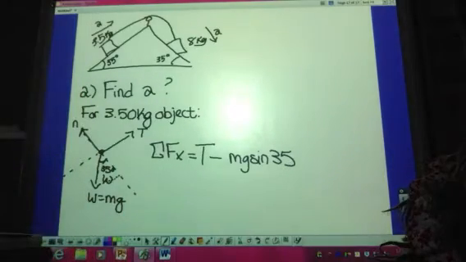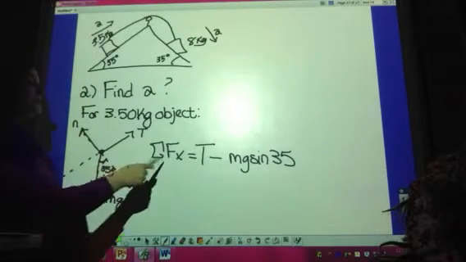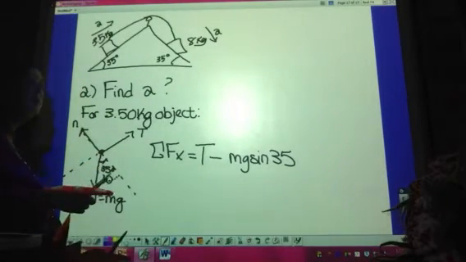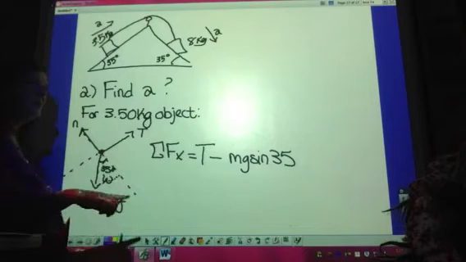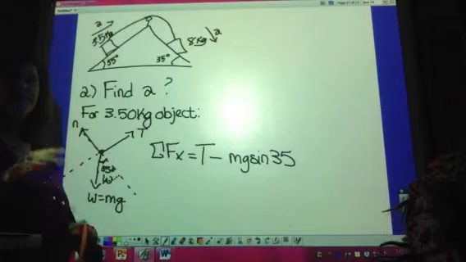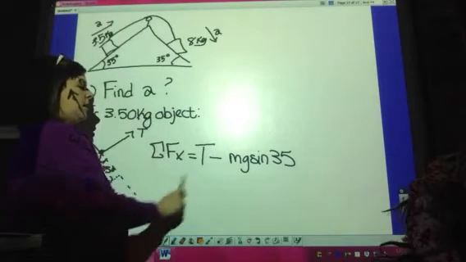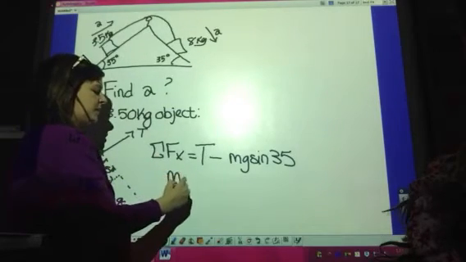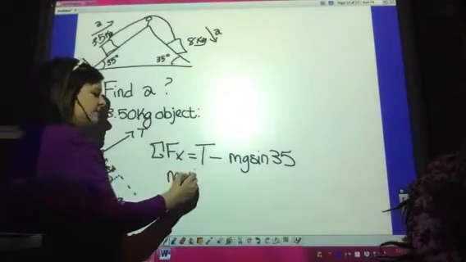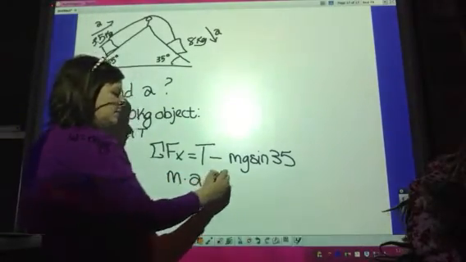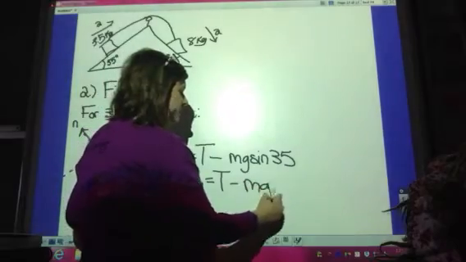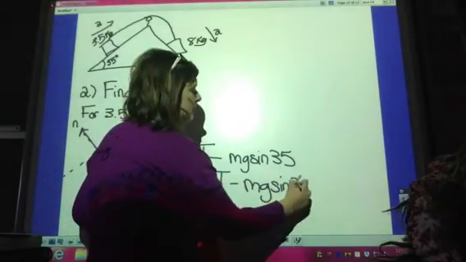Okay, well I know that this is accelerating. It is not at equilibrium. So it's not at rest, and I know that it's also not moving at constant velocity. So because I know those two things, I know that my force, mass times acceleration, equals tension minus mg sine 35.